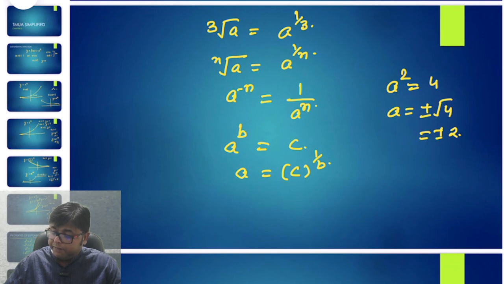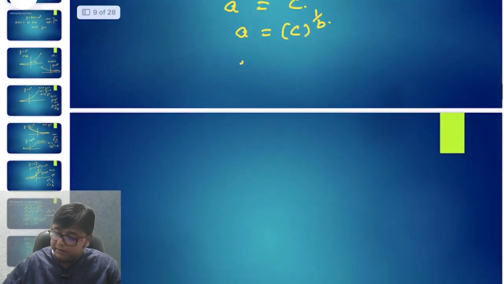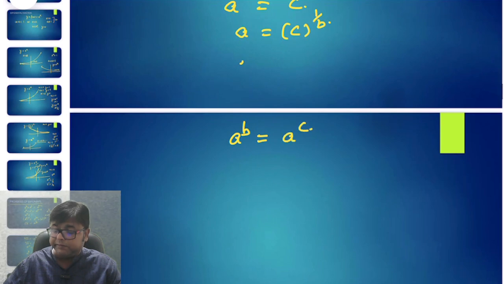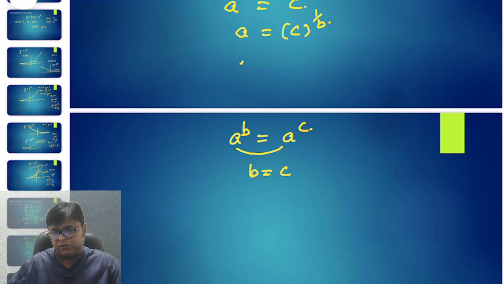Then another thing: if I say a to the power b is equal to a to the power c, most of us deduce that b is equal to c, since the bases are same, so powers need to be same. But you should think, can they still be equal without b being equal to c? Yes.